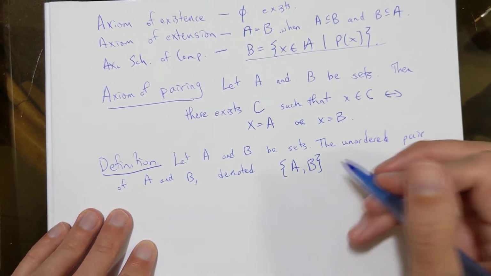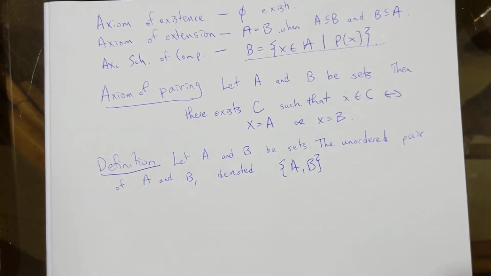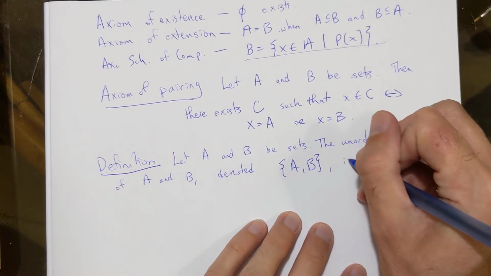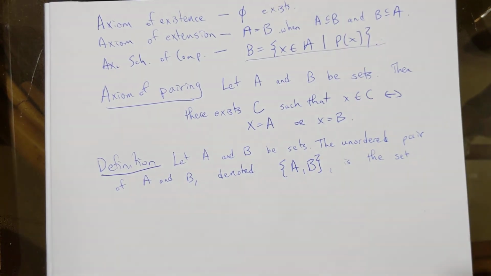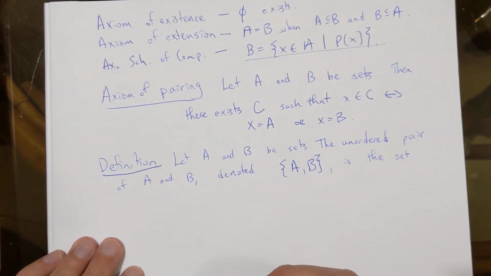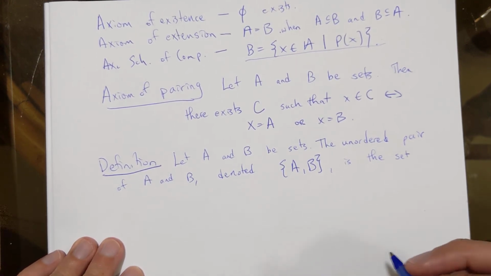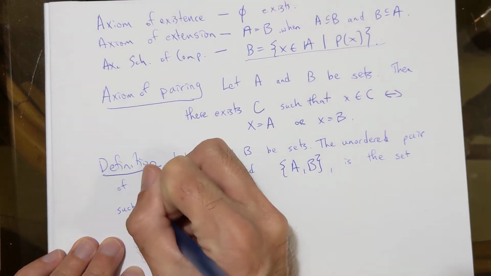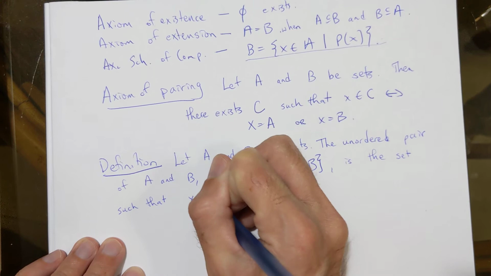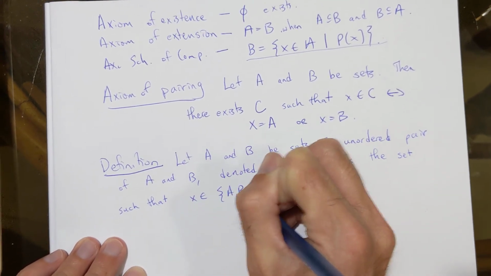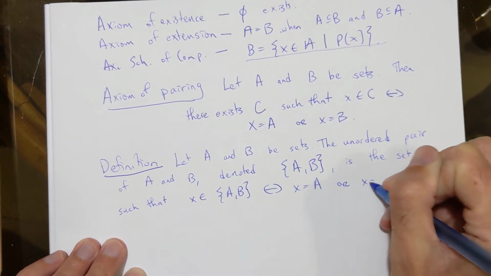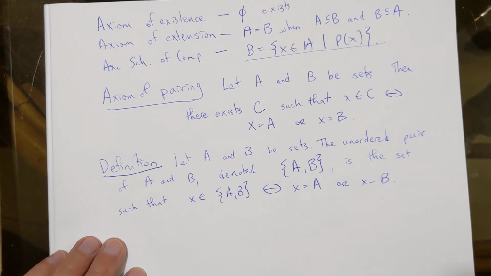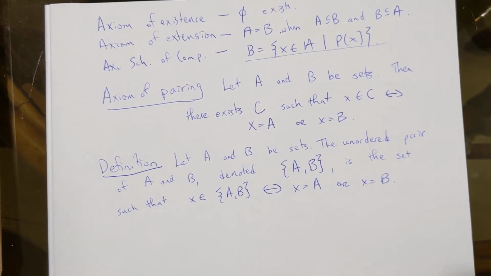One of the elements is A and another element is B. It is the set such that X is in {A, B} if and only if X equals A or X equals B.